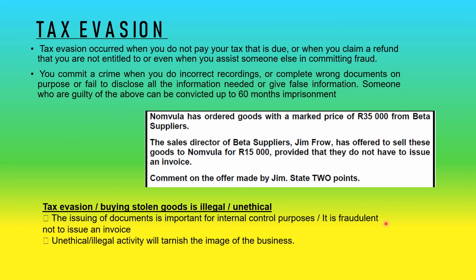Whether it's legal or not, it's very, very likely that the answer will be it is illegal to do that, it is wrong to do that, it is illegal or unethical to do that. And it's very important to have all documentations in place so that you can also claim. And also, SARS may have other ways of finding out. If they do find out, you will receive a penalty and your business reputation will be damaged.